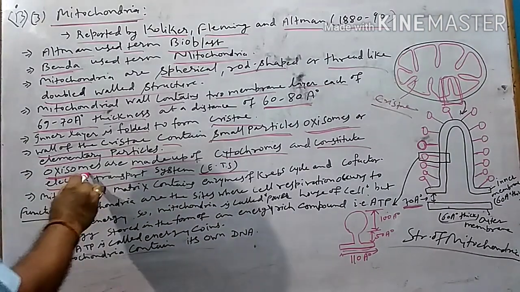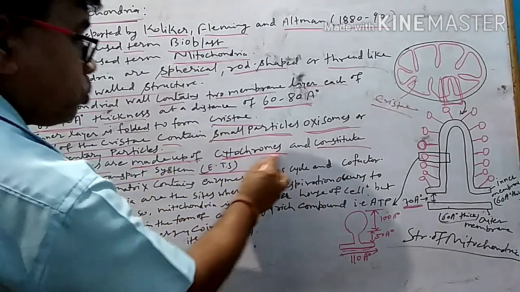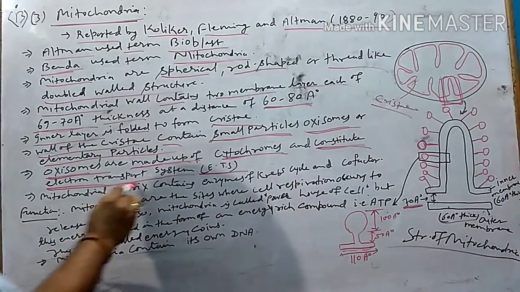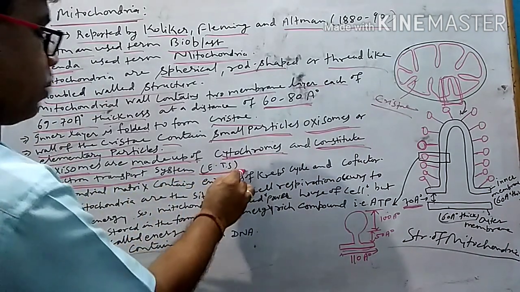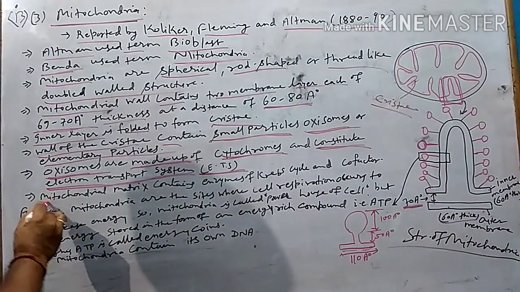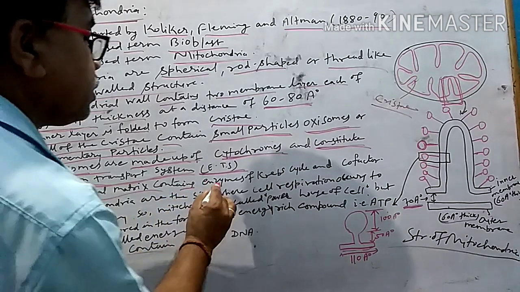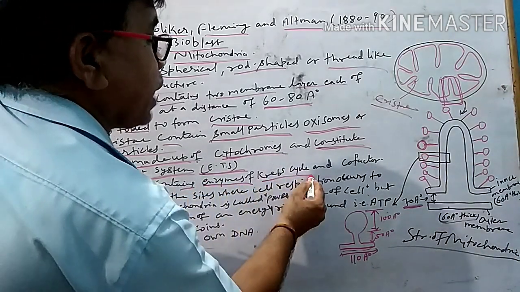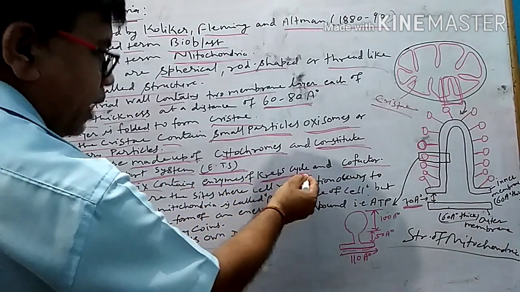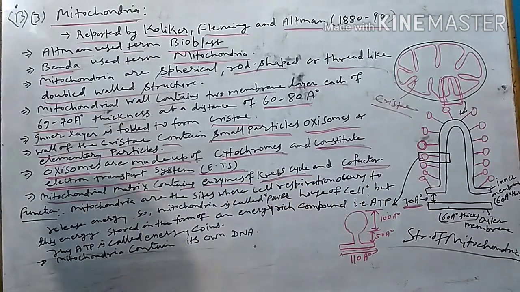And next main point, the mitochondrial matrix contains enzymes of the Krebs cycle and cofactors.